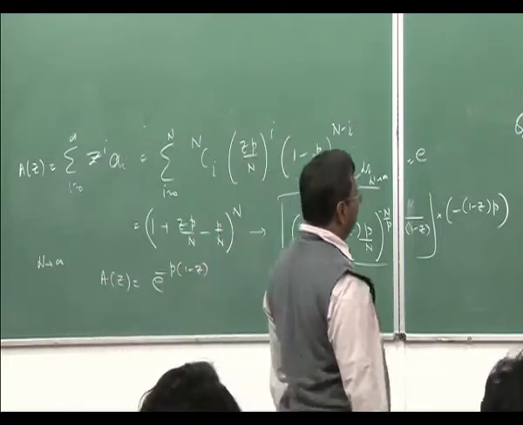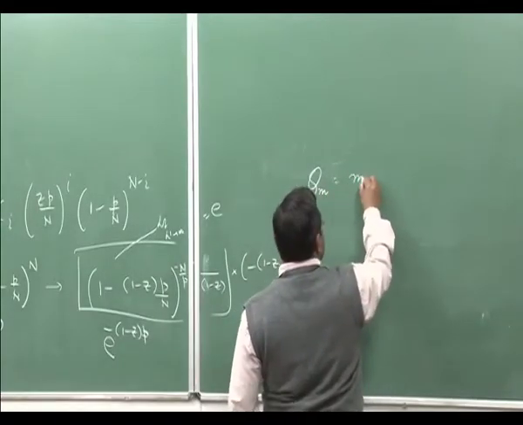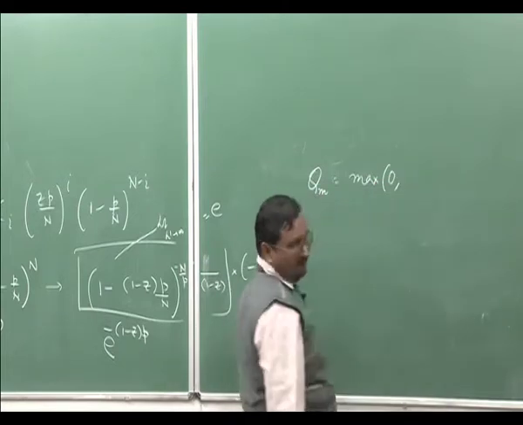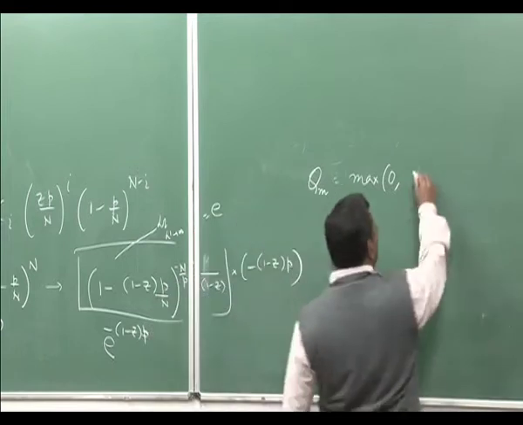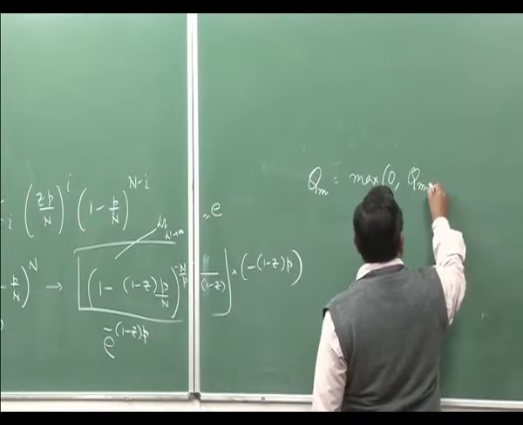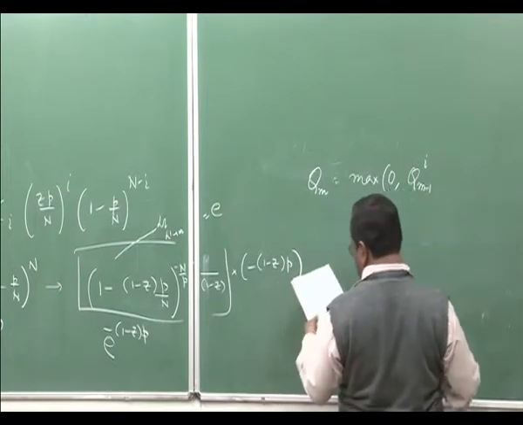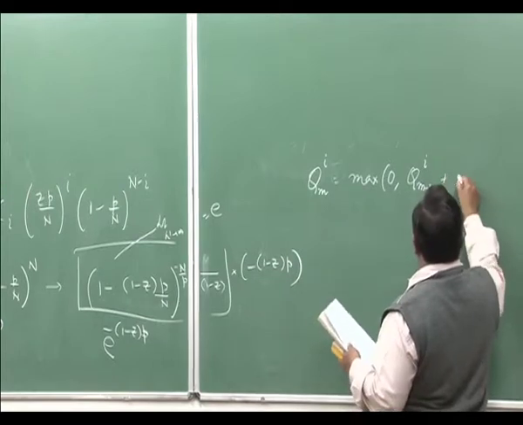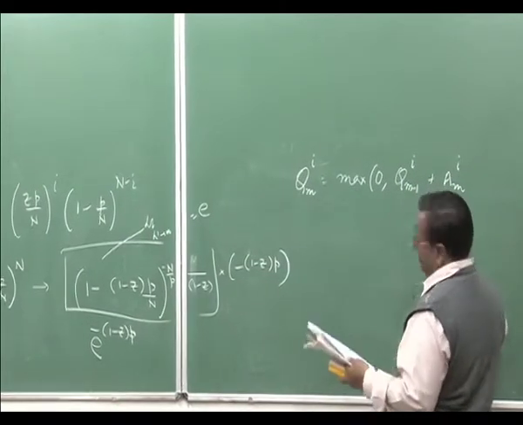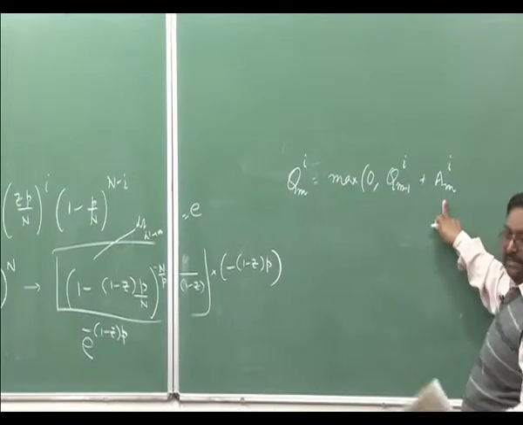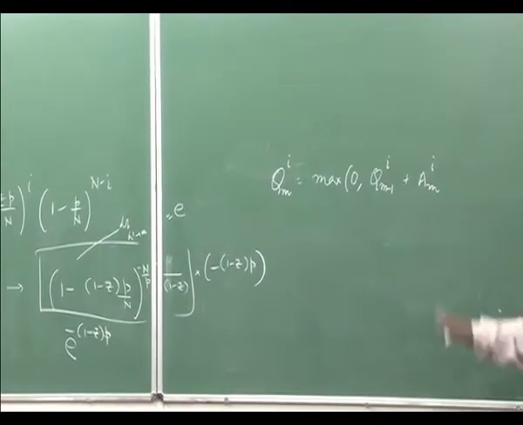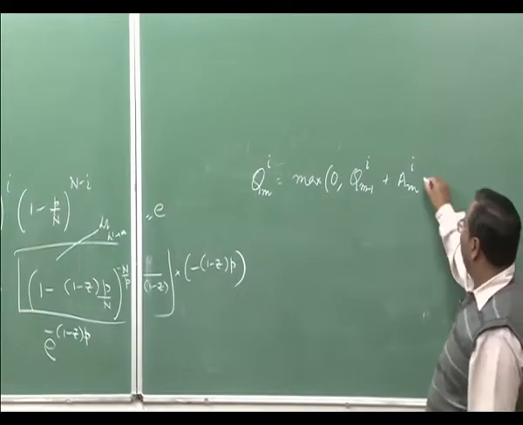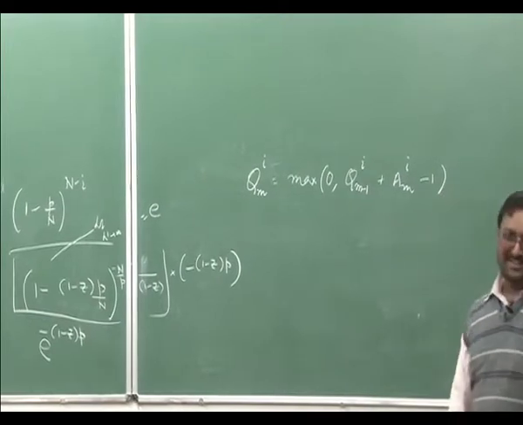Okay, this should be equal to the maximum of 0 or whatever was the earlier batch plus whatever were the arrivals in the current time slot for output i, which comes from the probability distribution which I had written earlier, minus 1 which will be successfully transmitted.